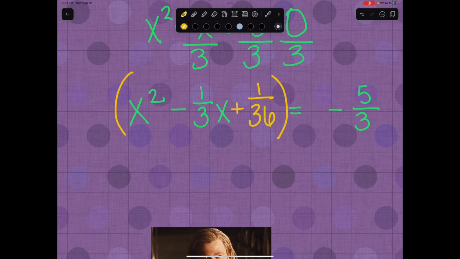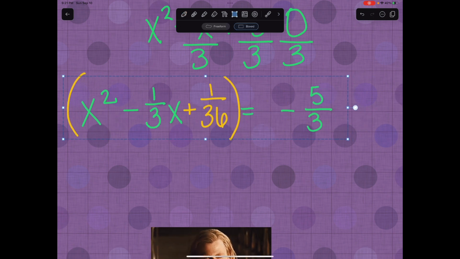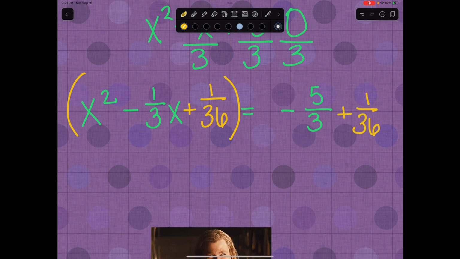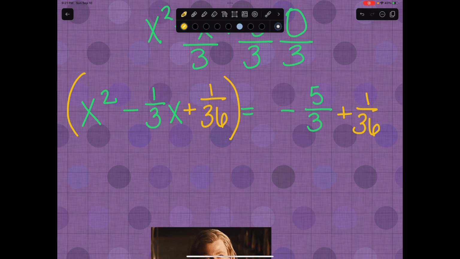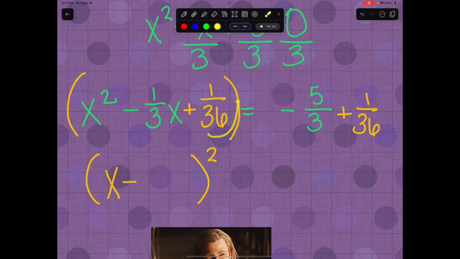But I can't just add a plus 1/36 to one side of an equation. I've got to add it to both sides. It's not legal until I do it that way. Now it's legal. Now what can I change this to so that it's a perfect square? It's going to be x minus something, with a perfect square. And it's going to be this number before we squared it, right?